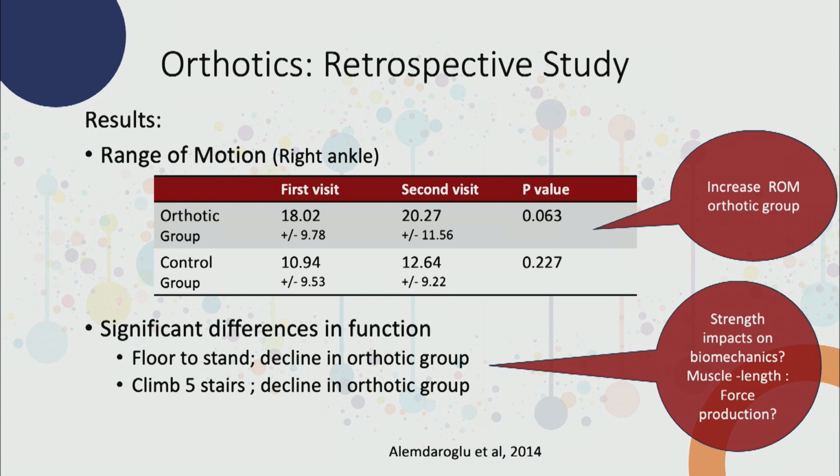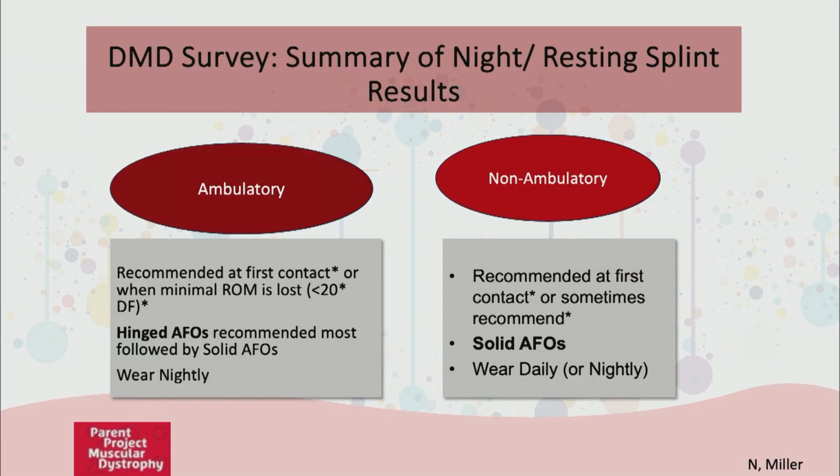So as you think about biomechanics, what's happening here? Maybe the impact of strength on the elongated muscle length and the ability for force production may result in that decrease in timed function test. I just thought that was kind of counterintuitive to what we're doing, so I thought I'd point that out for your brains to work a little bit.